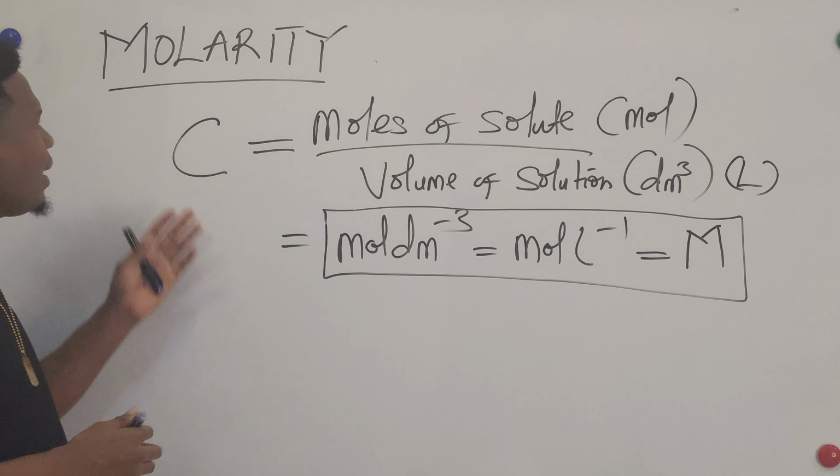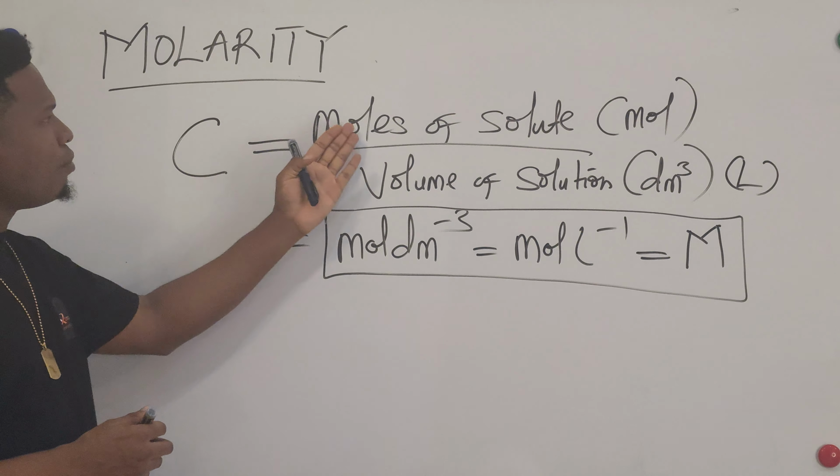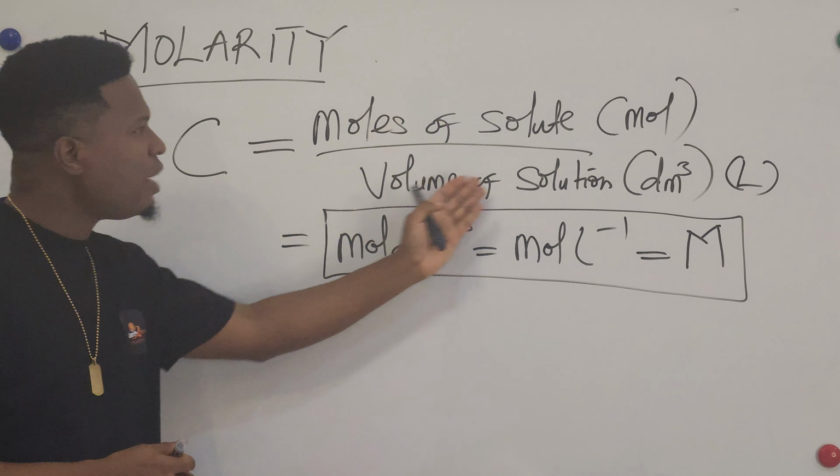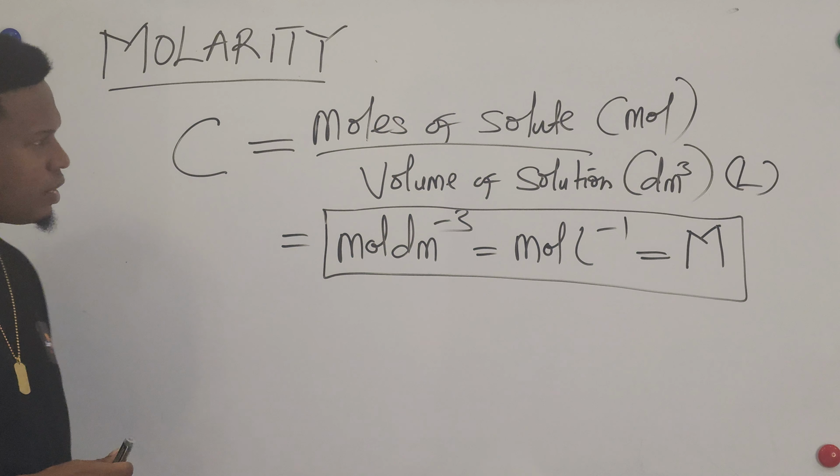So molarity, which is this C, is given as the mole of the solute divided by the volume of the solvent.